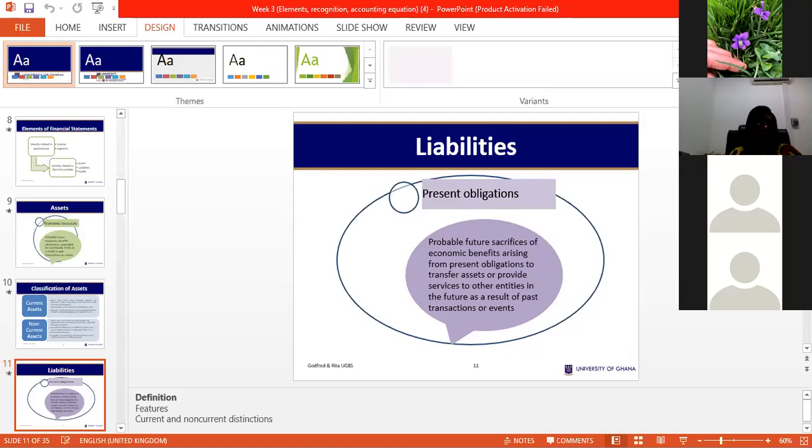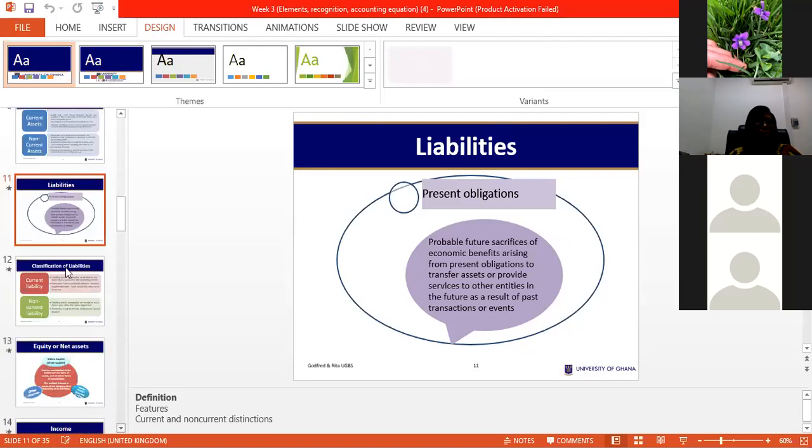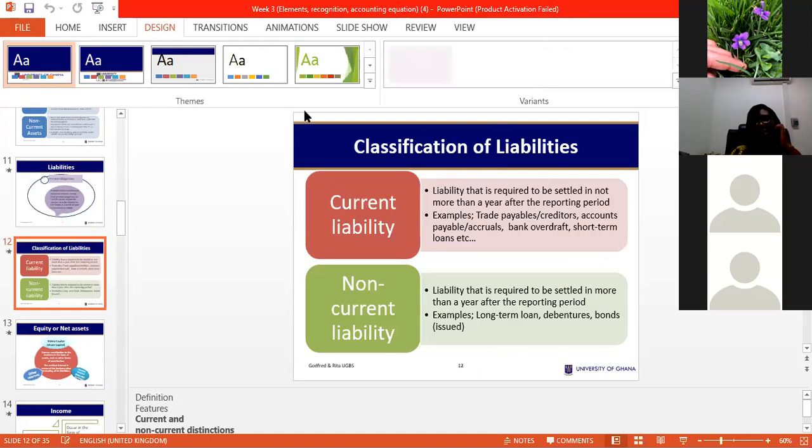So now we can classify liabilities into two: the current liability and the non-current liability. Again, like we indicated for the assets, current liabilities are those that can be settled or those that are required to be settled within the 12 months period or within the reporting period.